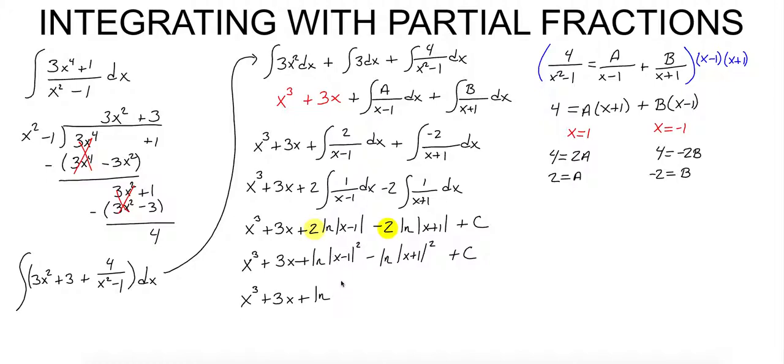So I can say I'm going to get x minus 1 squared divided by, and the same thing is true here, right? I have subtraction, so I know I'm dividing, but I have this x plus 1 in an absolute value squared, and again, the absolute value doesn't really matter because once I square it, it becomes positive anyway. So this is just going to be x plus 1 squared plus c.